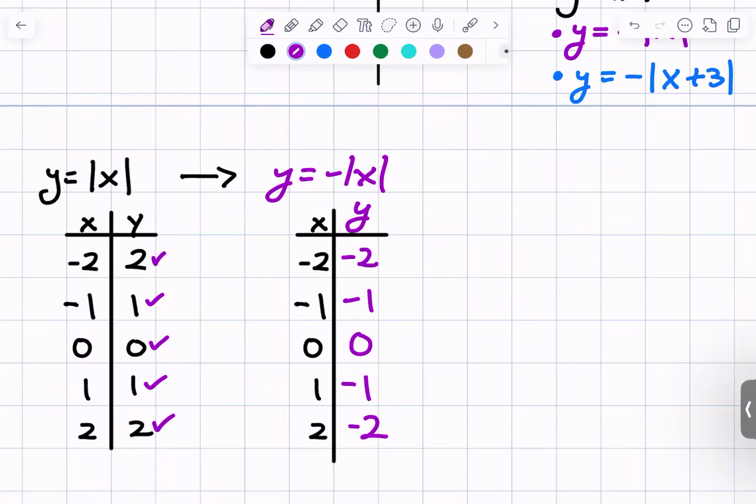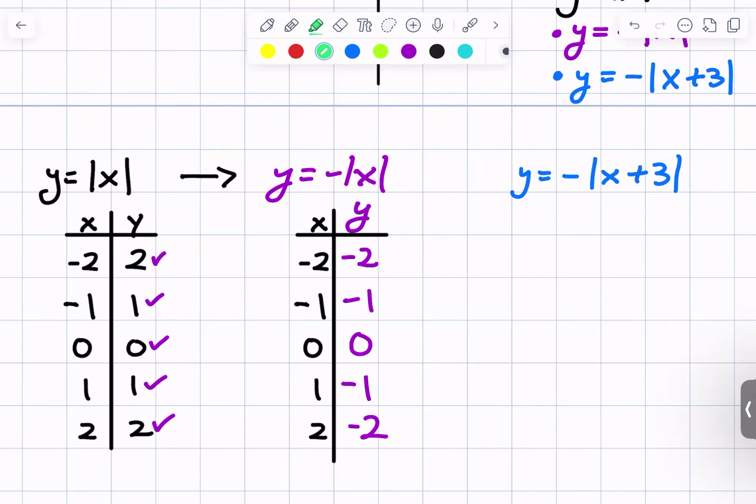So the next transformation we're doing is y equals negative absolute value of x plus 3, right? So if it's plus 3, what changes? My x or my y? My x values, correct? So I'm going to copy and paste my y values because they don't change.